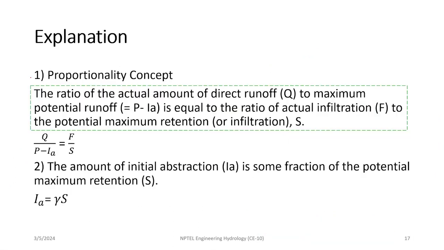In order to quantify the Q value, the SCS-CN curve method was proposed. So the target was what? We want to compute the direct runoff. So they did it considering the curve number.